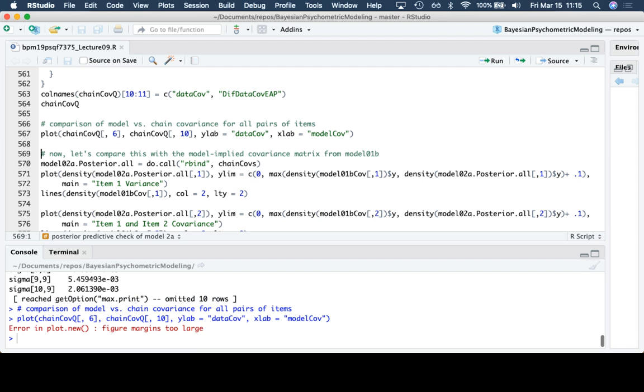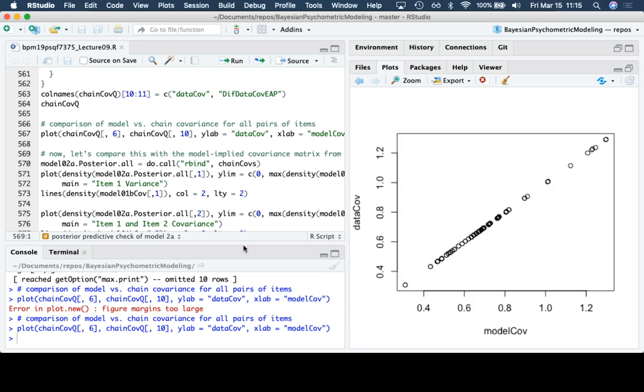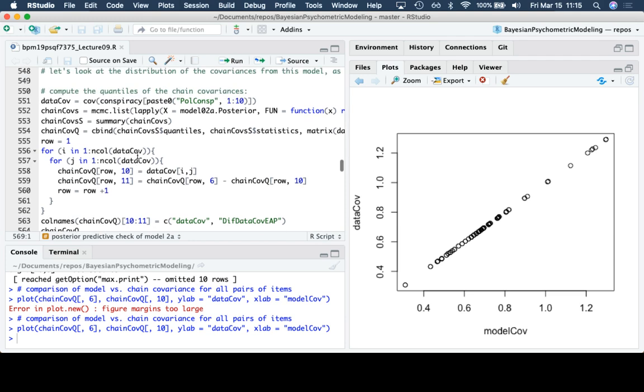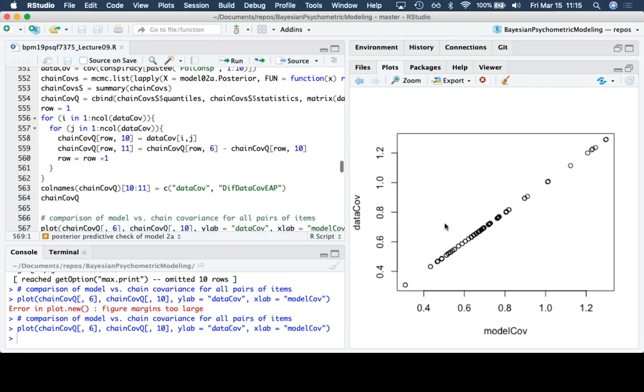Whoops, figure margins too large, which actually they're too small. For each value of the covariance, this is each one of our covariances. So this is taking effectively the mean value of our covariances, the point estimates.